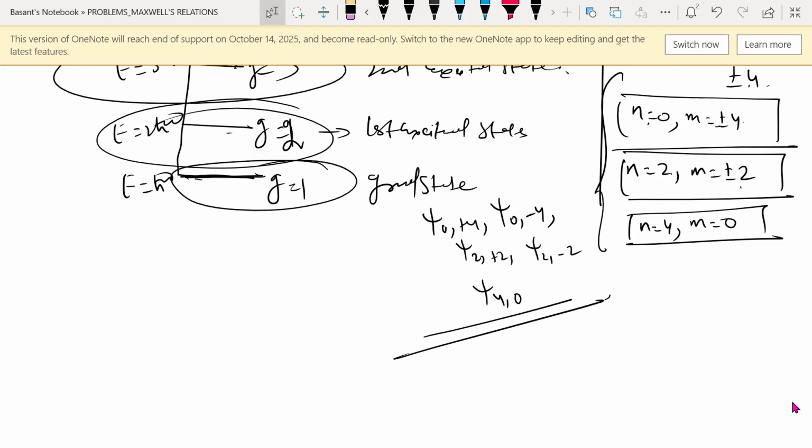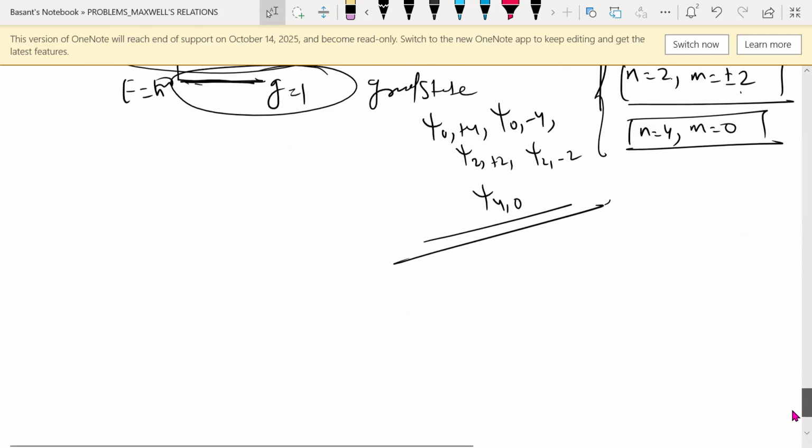So, you cannot assign smoothly that this function is for this energy level. You have to take the pair and then you can assign the wave function. So these are the brief introduction about the energy levels.